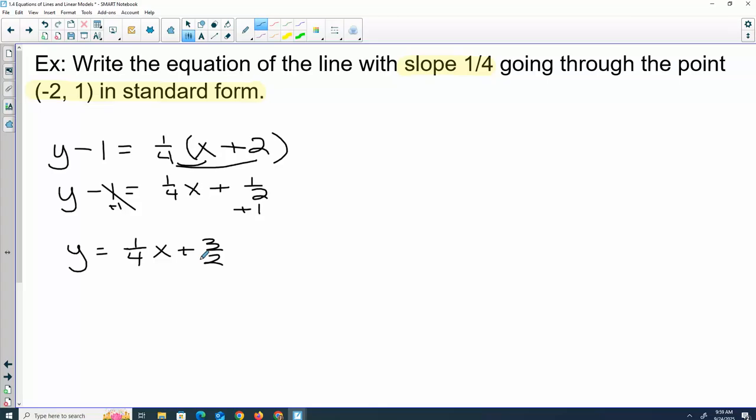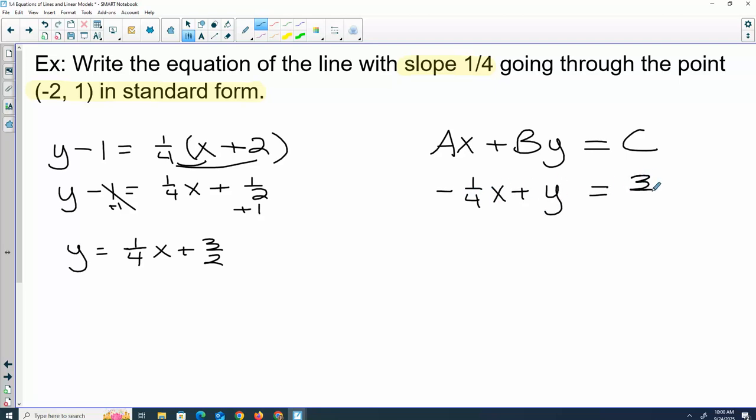So then, to put that in standard form, which is ax plus by equals c, the first thing is x and y have to be on the same side. So if I subtract over my 1/4 x, I would have negative 1/4 x plus y equals our number, 3/2. In standard form, x has to be positive. To fix that, I can multiply everything by a negative, but we also can't have any fractions.